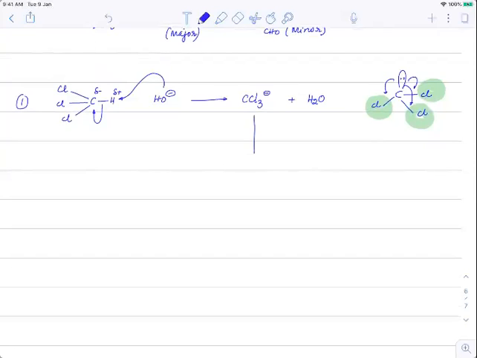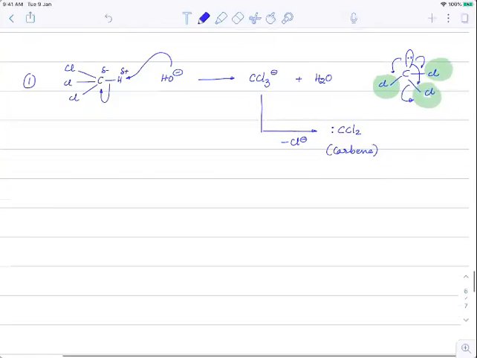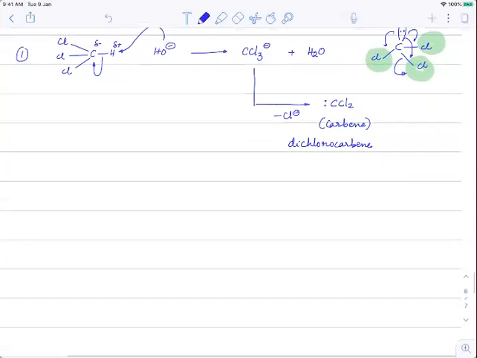So what would happen, it would immediately release out Cl minus, and it will become CCl2, with the lone pair. This is a carbene molecule, and the carbene is called dichlorocarbene. Just to remind, what is the importance of carbene?